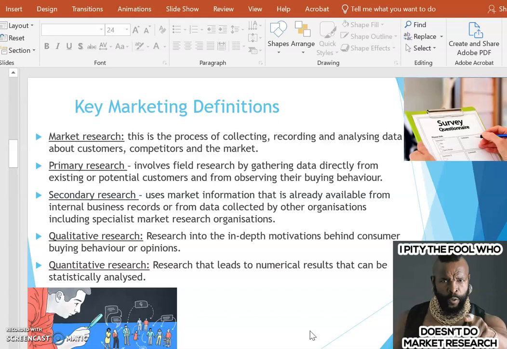Now, primary research is differentiated from secondary research in the sense that primary research is completely up to date. It's been generated by the business in the moment, presently, so it's certainly not outdated at all.